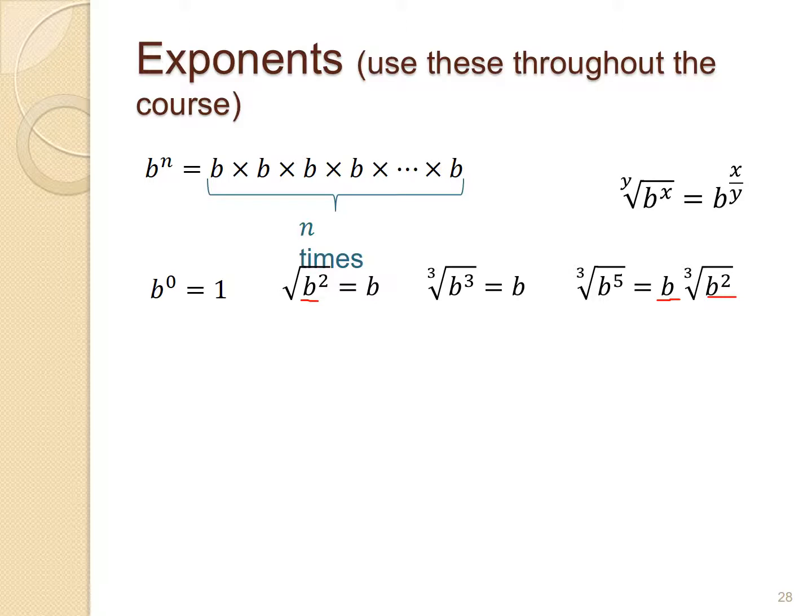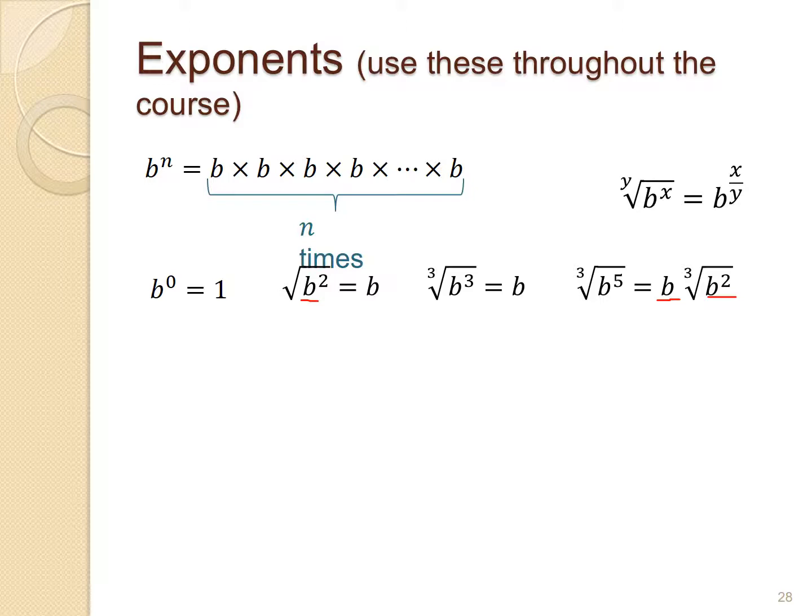Now, I'm going to introduce this rule here, that if you have the y root, the y means it could be any number. It could be the square root, it could be the third root, the 4th root, 5th root, and so on. And then you have b to some number. This rule means that written this way, b to the x, that is the top number.